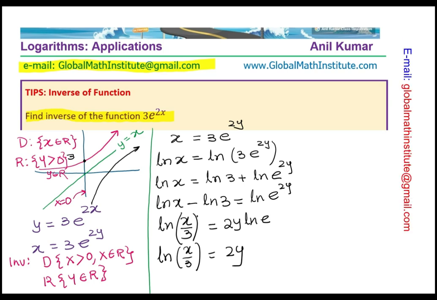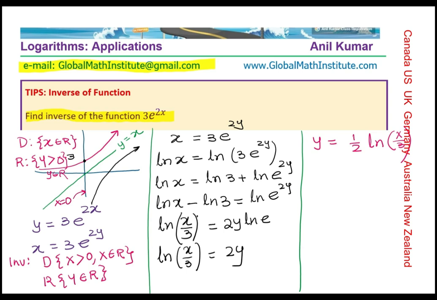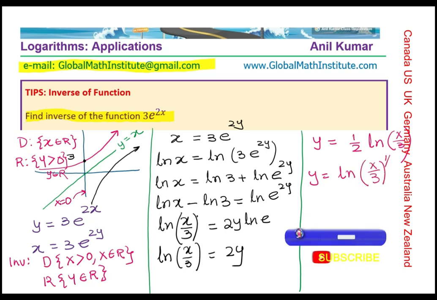So you see our solution now? We can now isolate y and write y as equal to half of ln x over 3. Do you see that part? So that is how we can rewrite the final answer as ln of x over 3 to the power of half, which means square root basically.